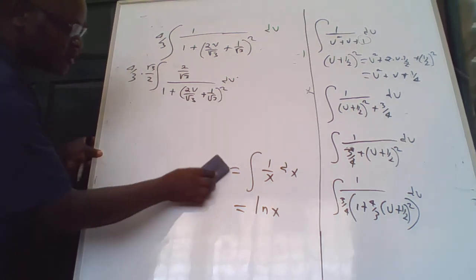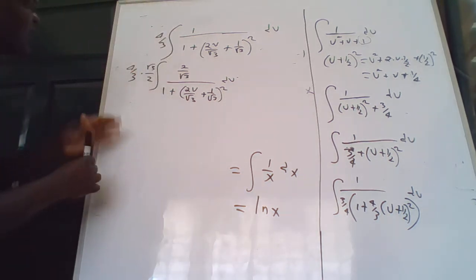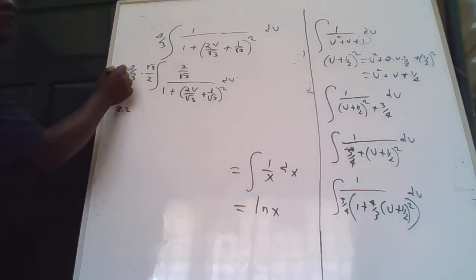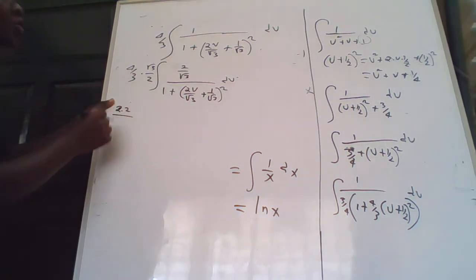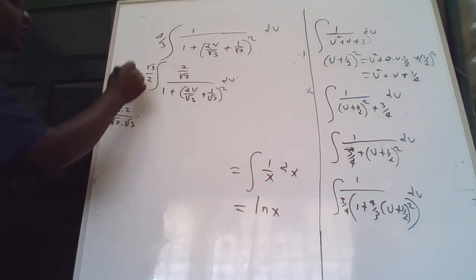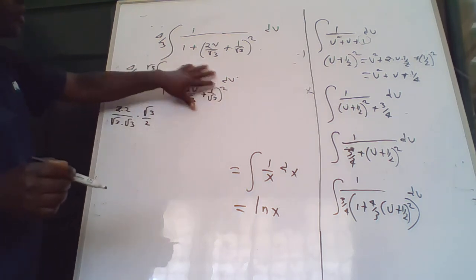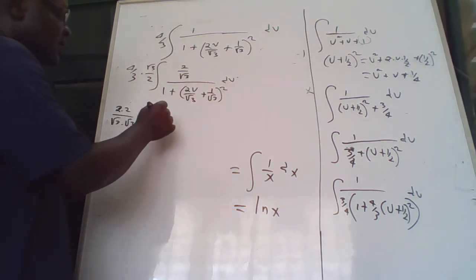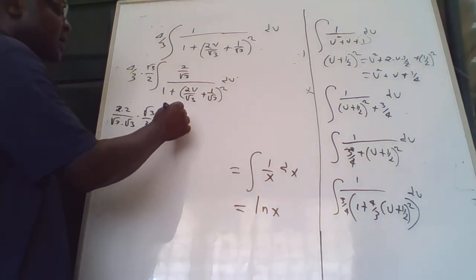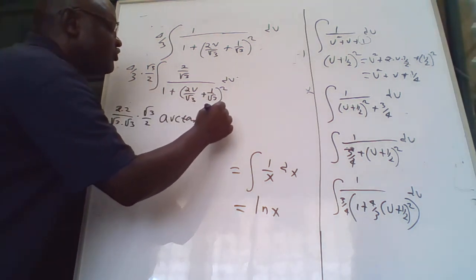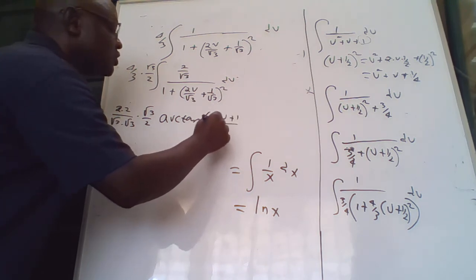Now when you integrate this, this will be the same as 2 times 2 all over root 3, and 3 is the same as root 3 times root 3, here I have root 3 all over 2, and therefore when you integrate this now, you get arctan of 2v plus 1 over root 3.